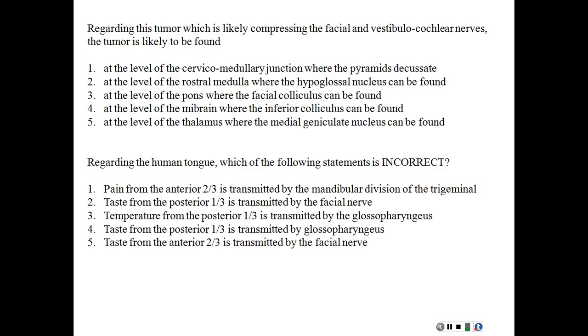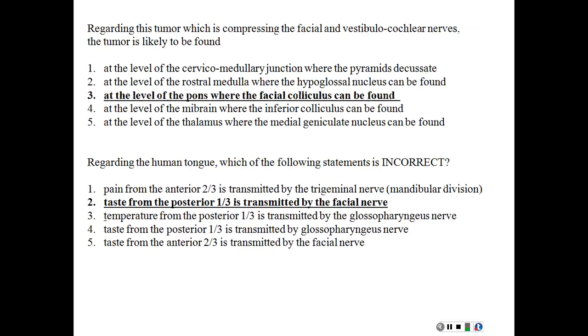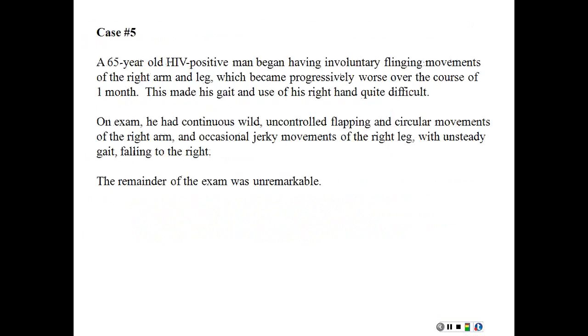The taste from the posterior 1/3 comes by glossopharyngeus. Temperature from the posterior 1/3 is transmitted by glossopharyngeus. That's true. Taste from the posterior 1/3 is transmitted by glossopharyngeus. That's true. And taste from the anterior 2/3 is transmitted by facial. So it's just drawing on why she had a bit of weird taste oddity going on.